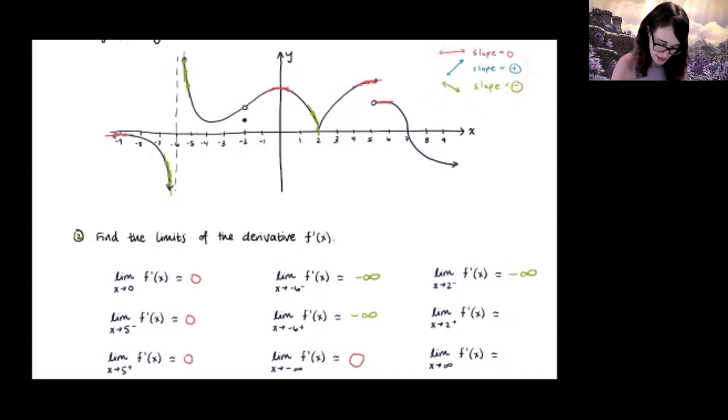Okay, 2 from the right. Let's see. So 2 from the right, we're going towards 2 this way. So we're going to put in some tangent lines. So let's maybe start here. There's one. Now that line has positive slope.